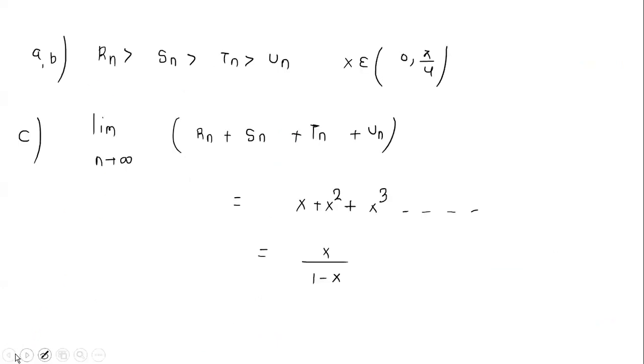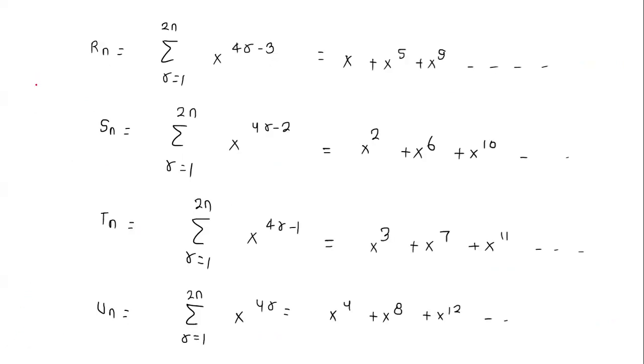Now x belongs to 0 to pi by 4. This means x is something less than 1, since pi by 4 is less than 1. So it is lying between 0 and 1.